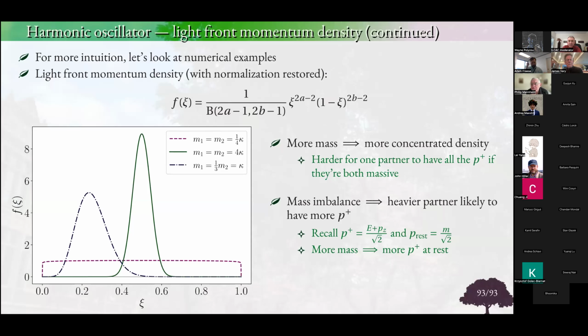One can also think about, since you're doing light front variables, having asymmetry in the frequencies between the transverse and longitudinal directions. Did you look at that? No, I haven't, but that's actually an interesting suggestion.